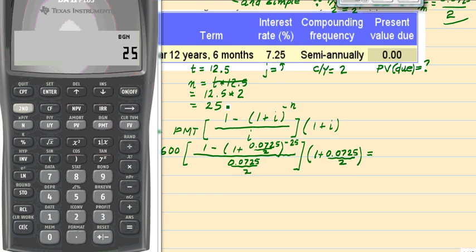For the TI BA II Plus, we're going to put N is equal to 25, I over Y is 7.25, then second function, I over Y, and we want to make sure that we have 2 payments per year and 2 compounding periods, which we have, that's fine, so enter that.